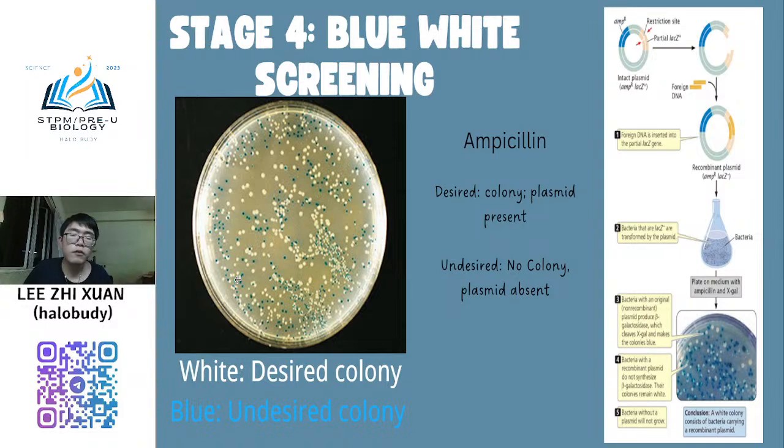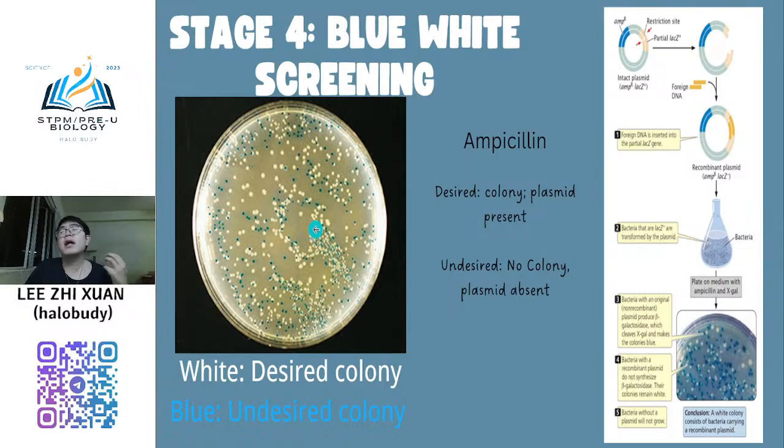The second situation, if the plasmid does not contain any LacZ gene, it will not produce beta-galactosidase. So the X-gal will not be hydrolyzed, no blue product forms, so only white colony forms.